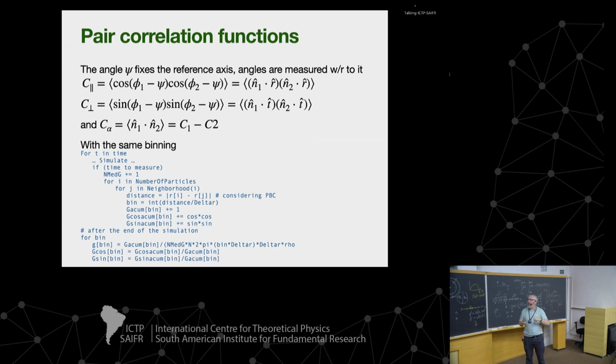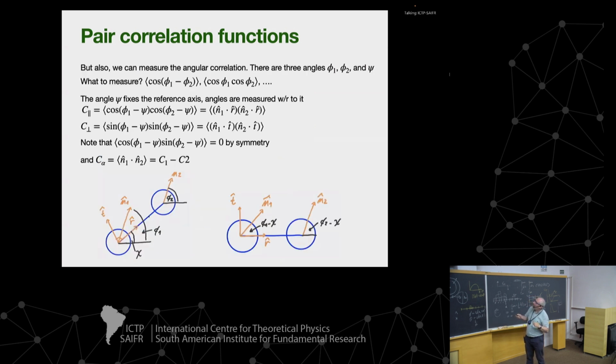And if it flocks, then this statement is no longer true, because we now have four angles in your system: phi 1, phi 2, psi, and the broken symmetry angle. So the tensor analysis is a bit more complicated, but you can still get information out of that. Okay, thank you.